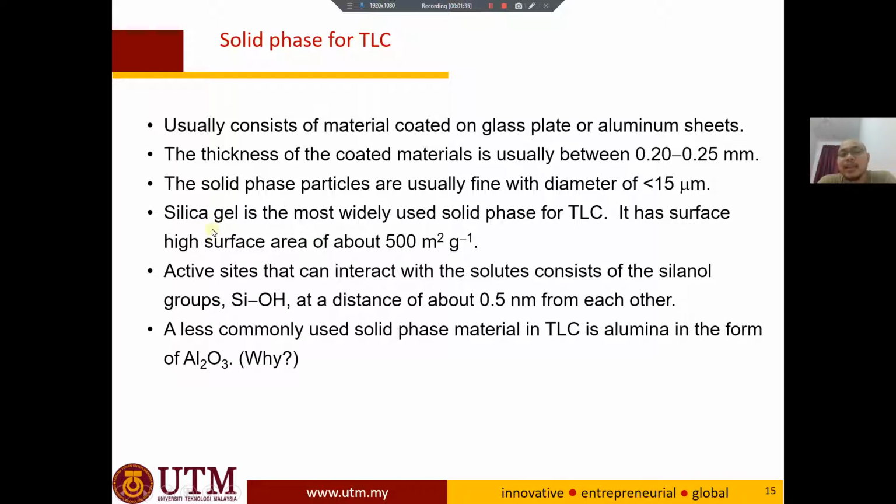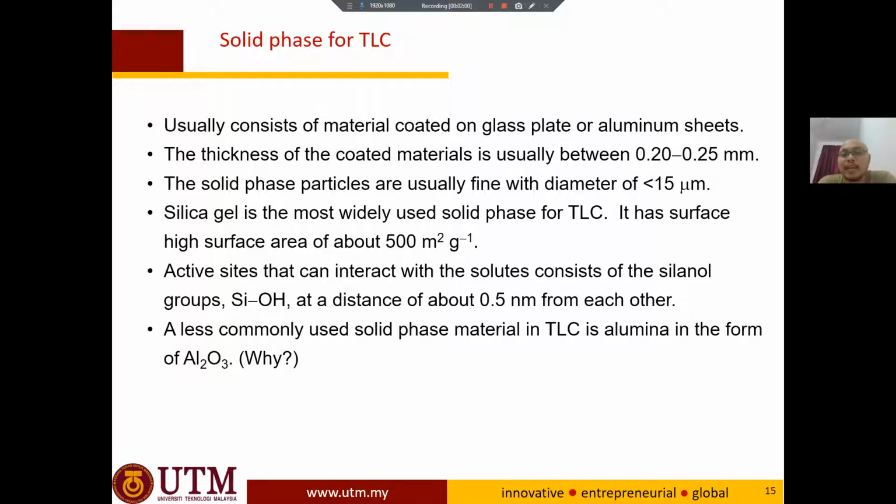That's why silica gel is much more versatile than alumina. The other reason is that with silica gel we can derivatize the active sites. We can produce multiple kinds of active sites, so it can react with many more kinds of compounds compared to alumina.